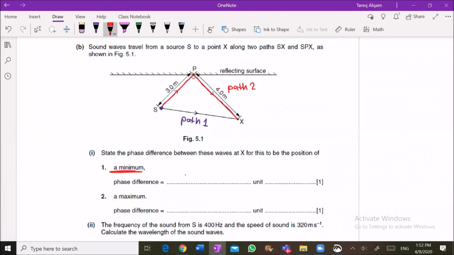Must be an odd integer over 2. That is the path difference, correct, but I want the phase difference.